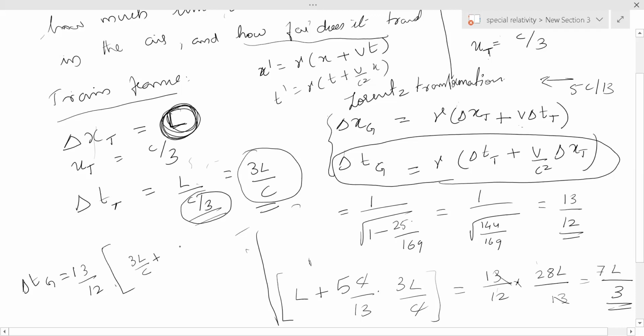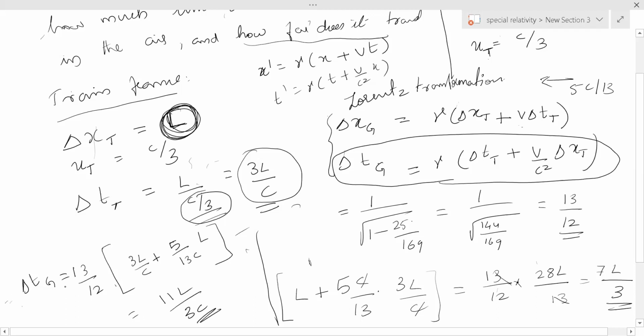What was V? V was 5C by 13. So it's equal to 5 by 13C and delta x, that's given us L. Okay, so you just do this, and the answer you get will be 11L by 3C. Okay, so these are the answers.